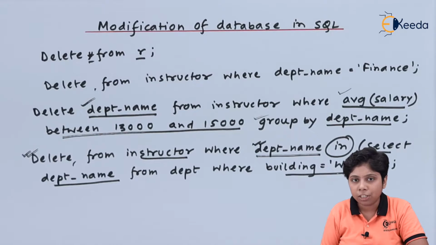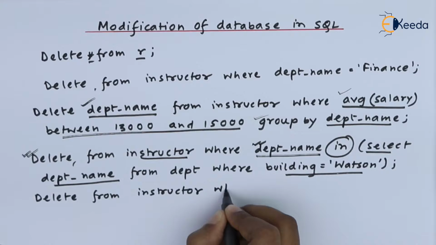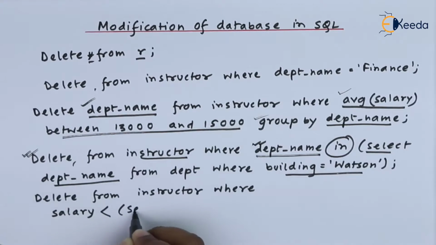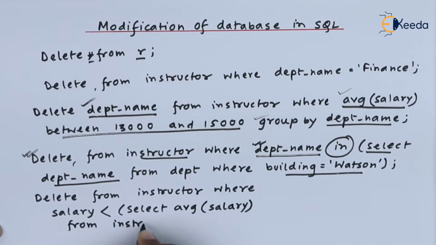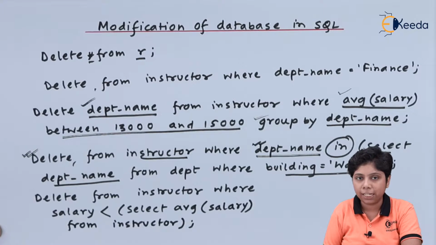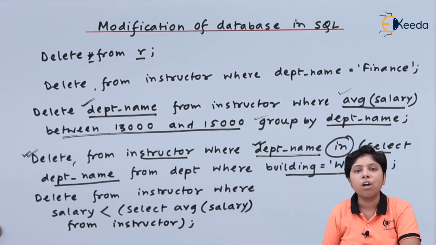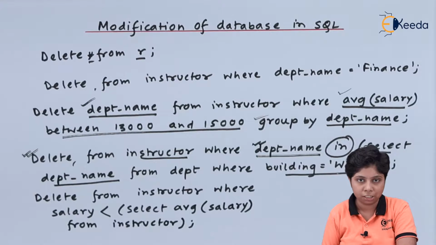Now we can even use a nested select clause in a delete query. See here, I am using a nested subquery telling it to delete all the records from the instructor relation whose salary is lesser than the average salary of all the university departments.